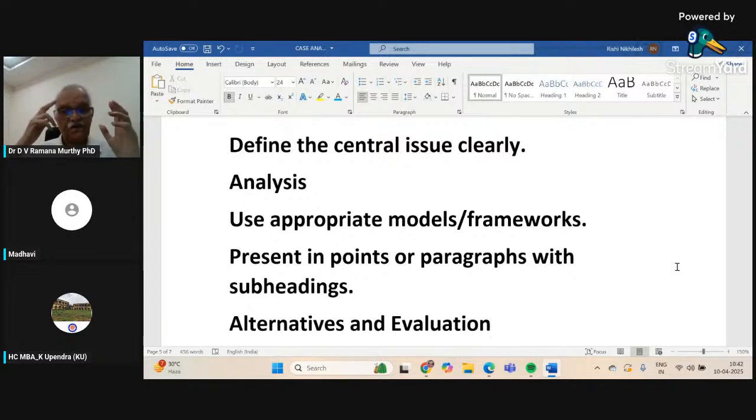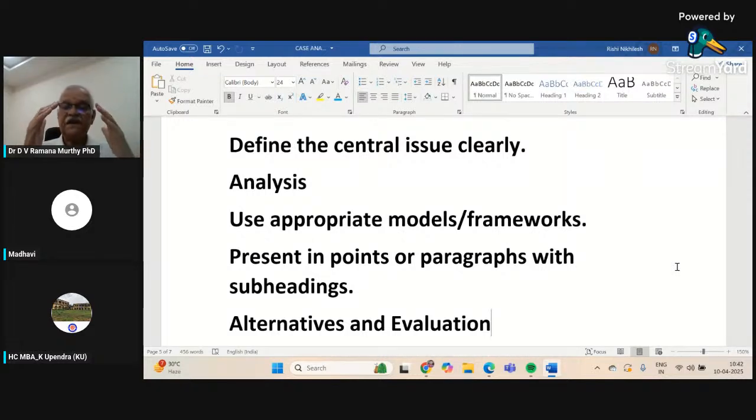You may not say, no, I'm very much convinced that this works well. No, let your understanding be scientific and acceptable. So use appropriate models and frameworks, and present in points or paragraphs with clear subheadings. Please note that you're presenting a very valid document of your analysis of a company's problem.